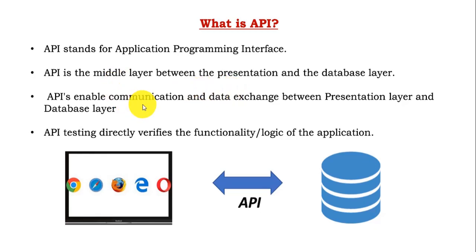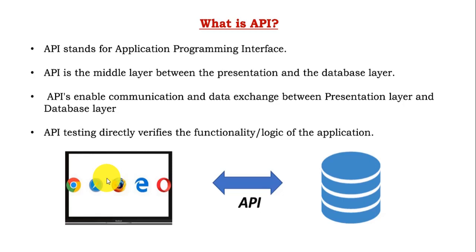As I mentioned, it enables the data exchange or communication between the presentation layer and the database layer. API testing directly verifies the functionality or logic of the application. Since it contains the business logic, we can directly verify the logic. For example, say from your browser, you send some request.